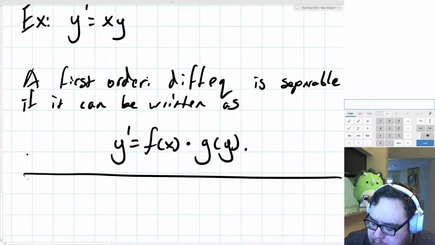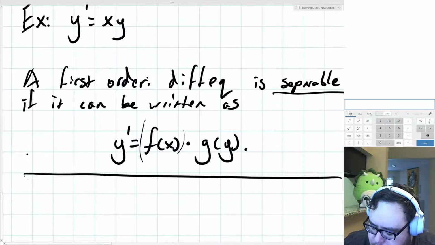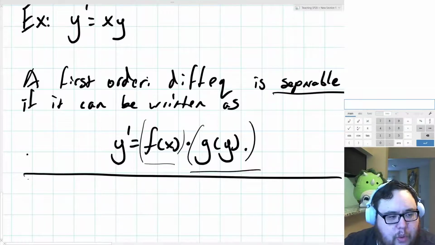So in other words, a separable differential equation is one where we can totally separate the variables into two separate functions. One function of x times one function of y.